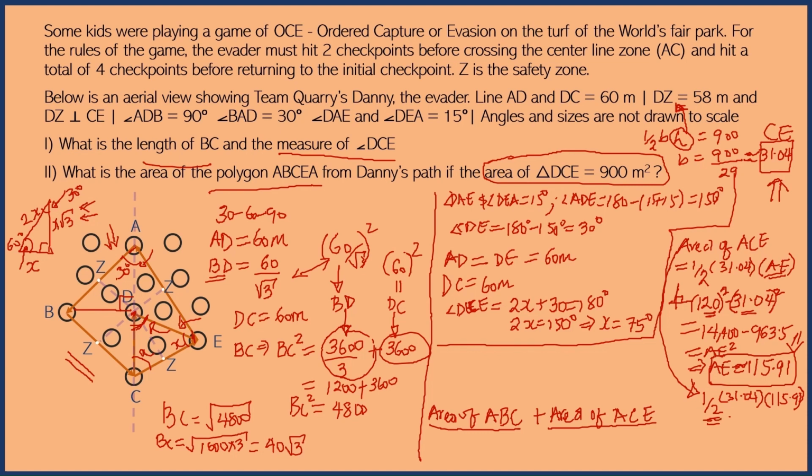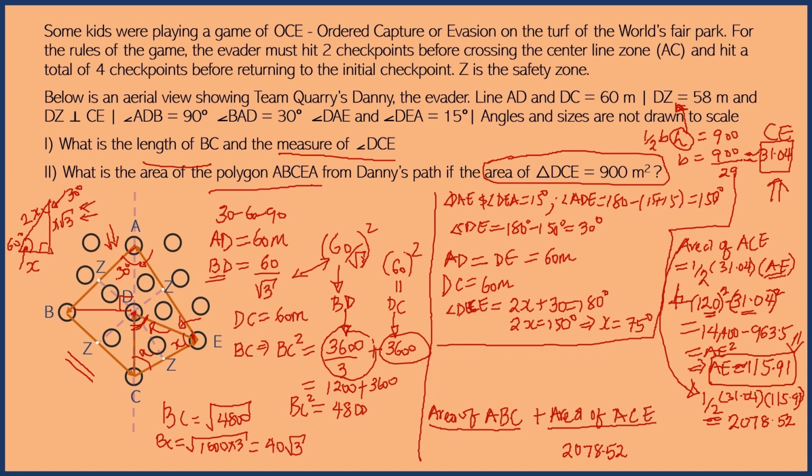And this comes out to be approximately 2,078.52. Okay, now let's find the area of ABC.